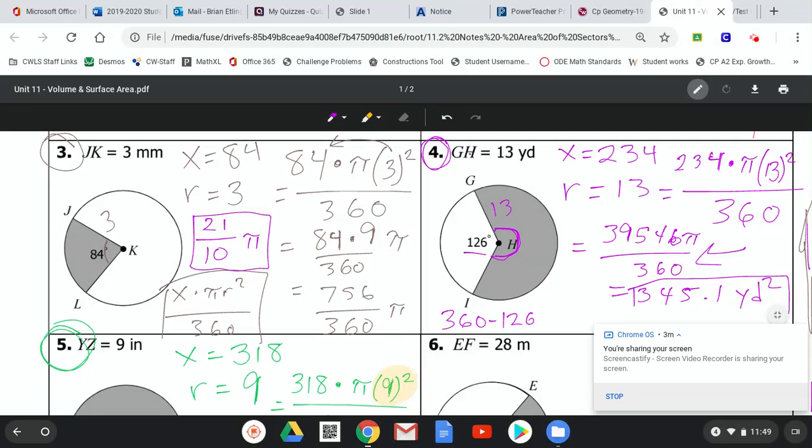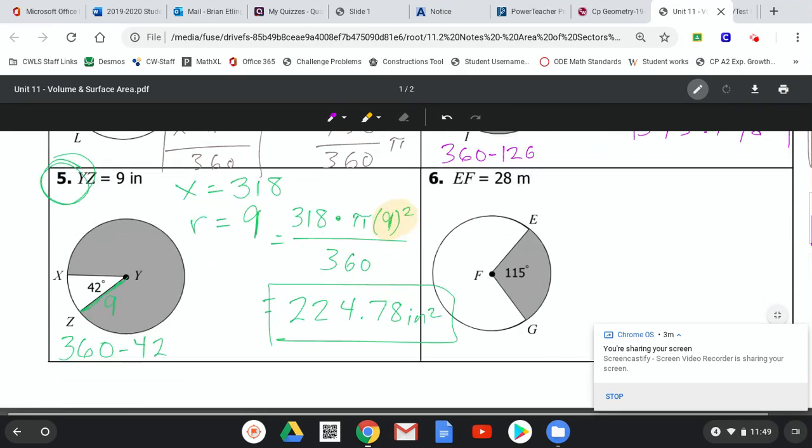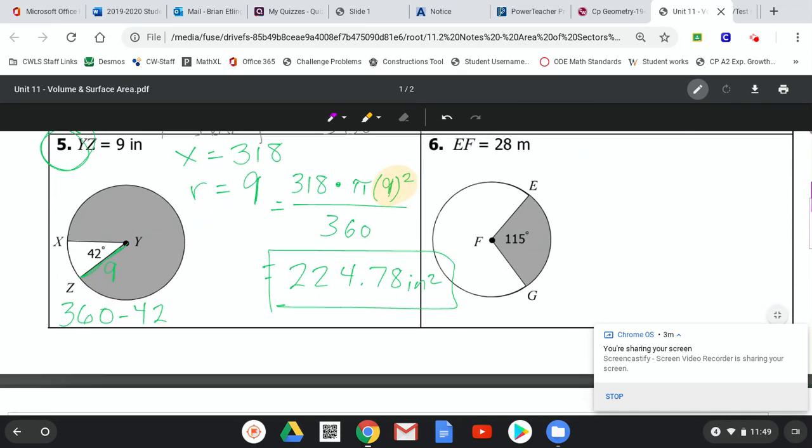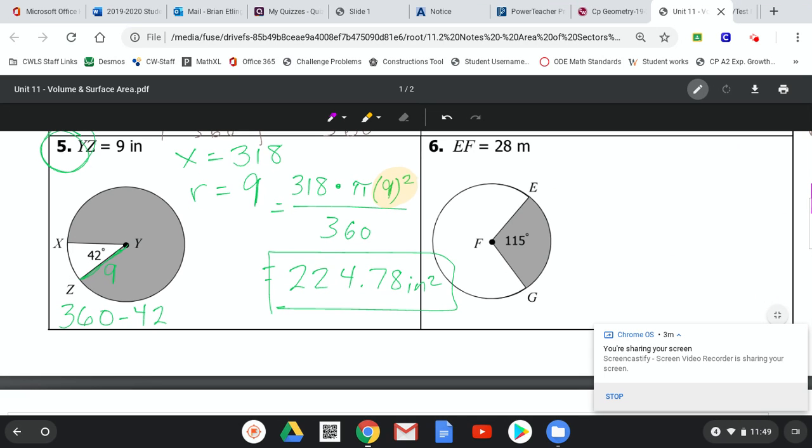I want to do another one just to make sure we get the hang of it. So if we're looking at number 6, again, it's the same type of thing. We're looking for the degree measure of the arc. So we see that it's 115, so x equals 115. And then we have our radius here, which is 28.